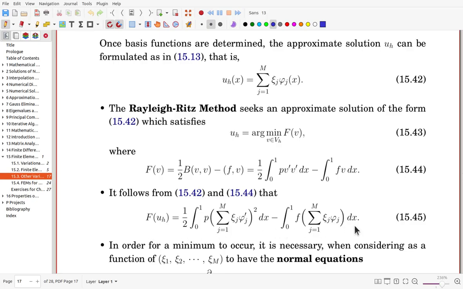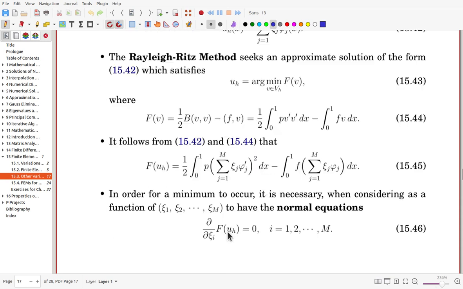Now, U sub h is the minimizer, so that once we try to get the derivative along with the parameter, then the derivative must be 0. So along with the derivative technique, we can get the normal equation.